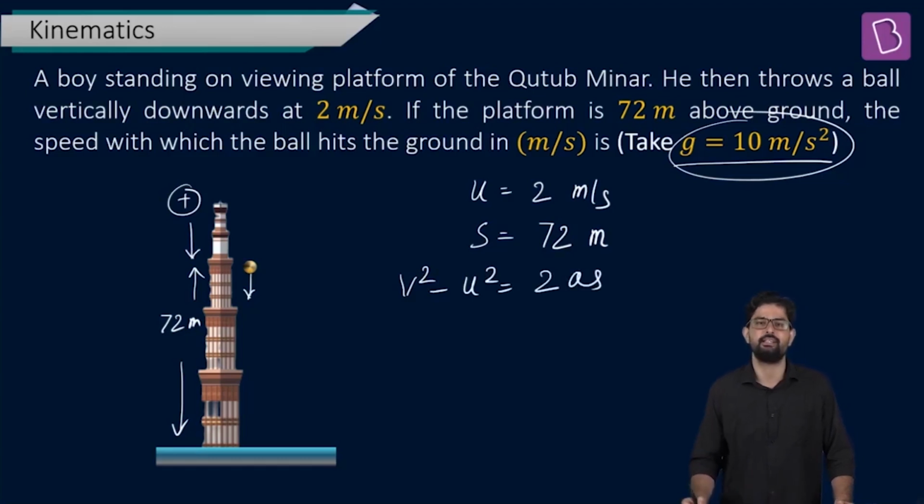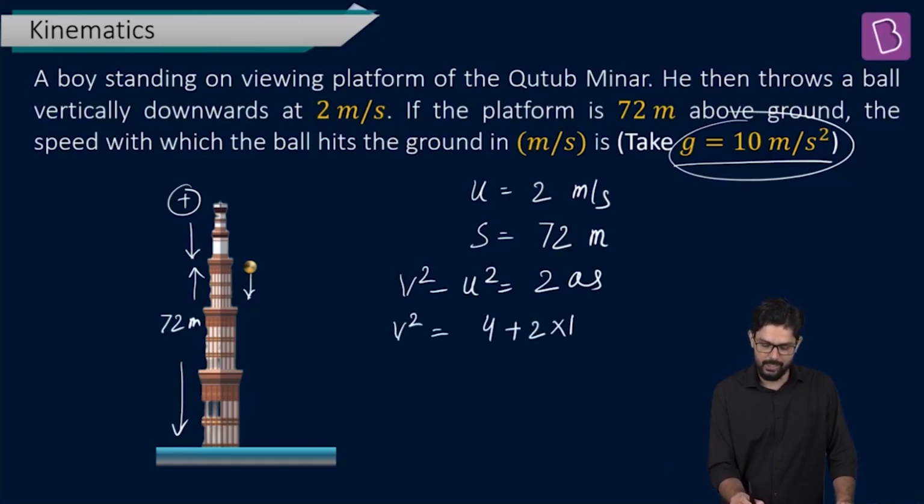Let's put the values of all the variables, but do remember that we have to follow this sign convention, that is downwards as positive. Now with that, this v squared, and this will become u squared, it is 4 plus 2 into 10 into 72.